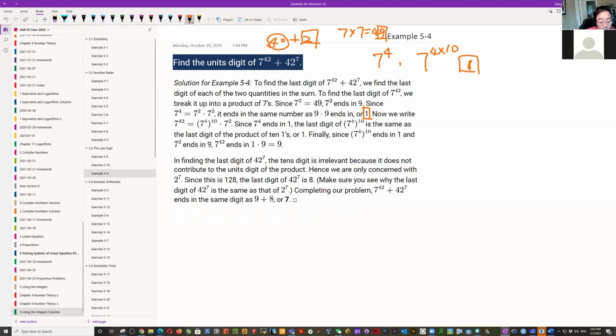Then for 2, you just reduce it to 2 to the 7th directly, because you only care about the last digit. And 2 to the 7th is actually easy to compute. You get 128, so you just get 8.